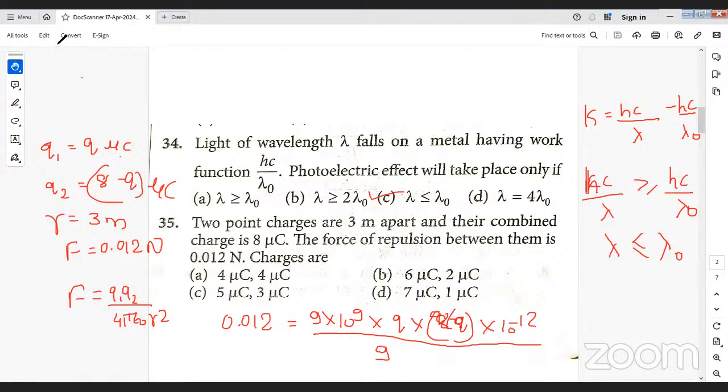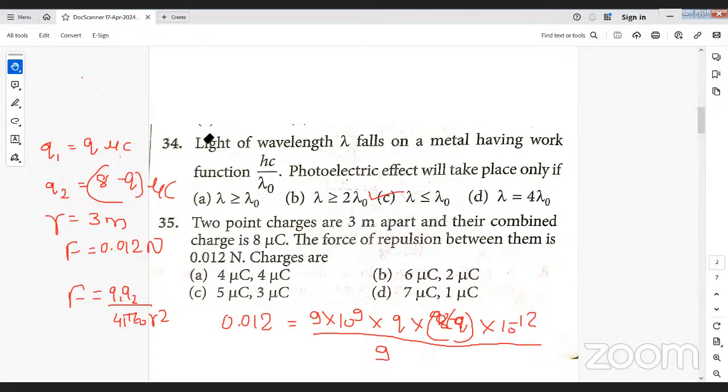So if you simplify this, 0.012, keep it as it is. And here 9 will get cancelled, 10 raised to 9 and 10 raised to minus 12 gives 10 raised to minus 3, and remaining is Q into bracket 8 minus Q. Correct?